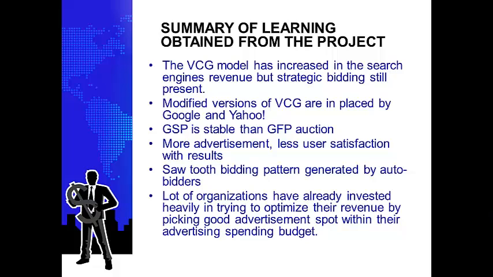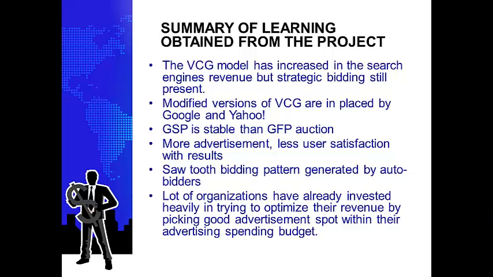Now here is the summary of learning we obtained from this project. First is the Vickrey-Clarke-Groves model. It has increased the search engine's revenue, but the strategic bidding is not completely eliminated.